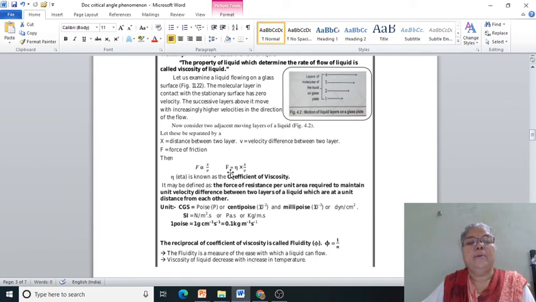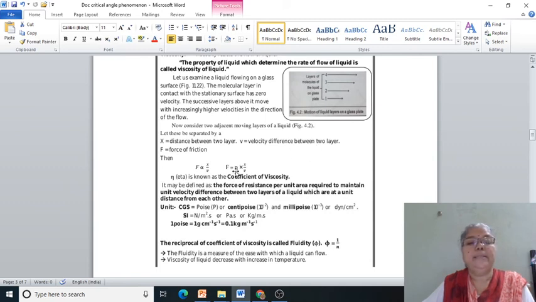And we can write this equation as F = η x/φ, where x is the distance between the two liquid layers, and φ is the difference between velocities.